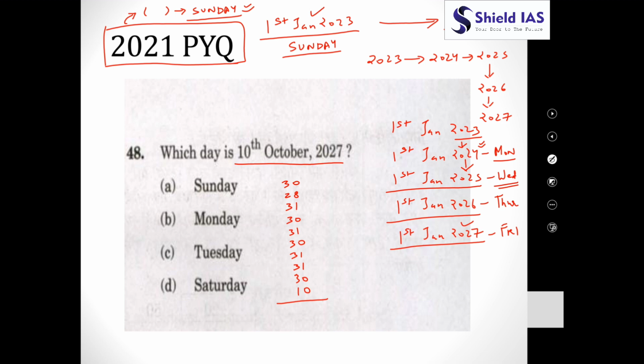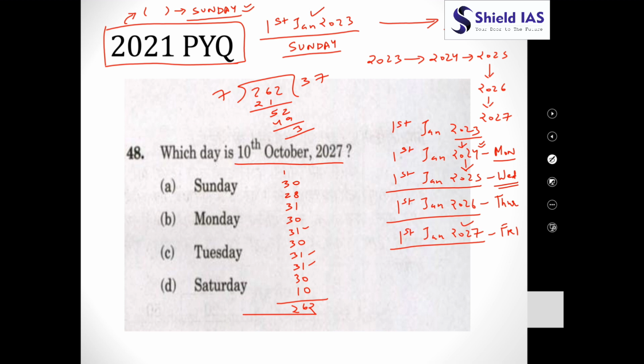After adding all of this, the number comes out to be 262. Always divide the number of days by 7. 7 3s are 21, it comes out to be 5, 2; 7 7s are 49, it comes out to be 3.